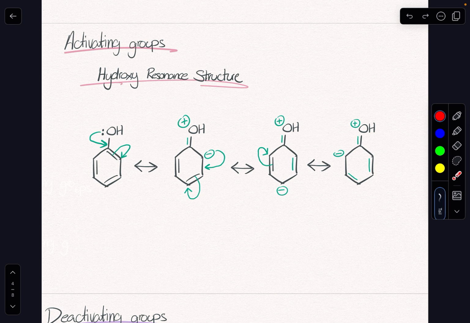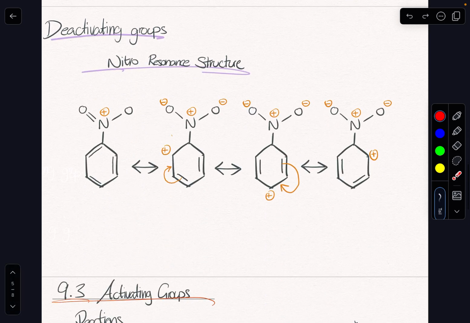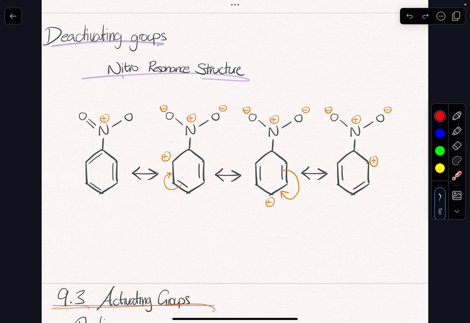Now the next one we're going to show you is a deactivating example. And this one is slightly different. I've actually removed one of them to make our lives a little bit easier for this one. So for nitro, what we're talking about is a very deactivating group. It's a withdrawal of electron density by conjugation. So it's the opposite of the one we just looked at.